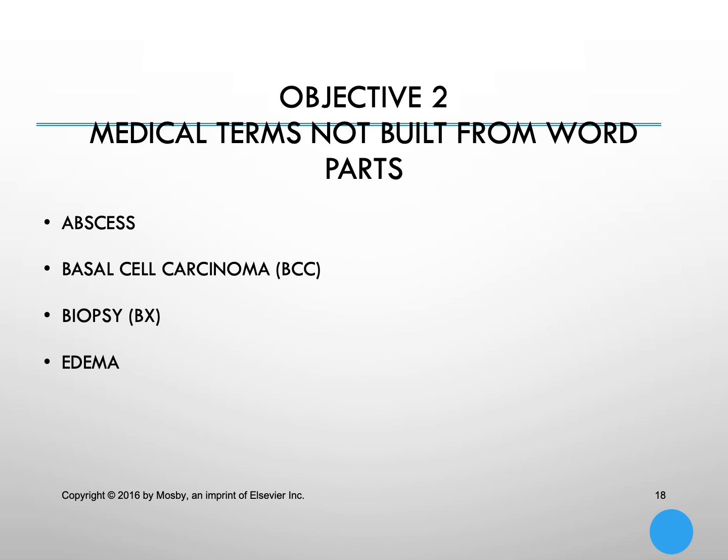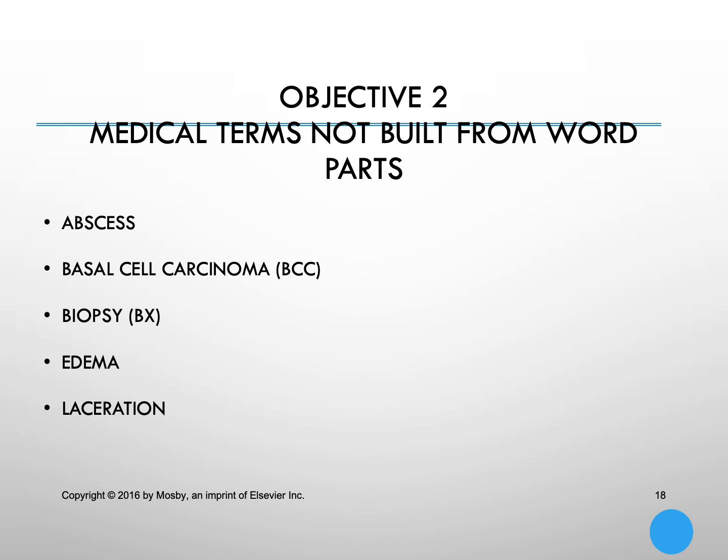We also see something called cellulitis, which is related to edema, and cellulitis is inflammation of the skin and subcutaneous tissue that is typically accompanied by edema and characterized by redness, pain, heat, and swelling as well.